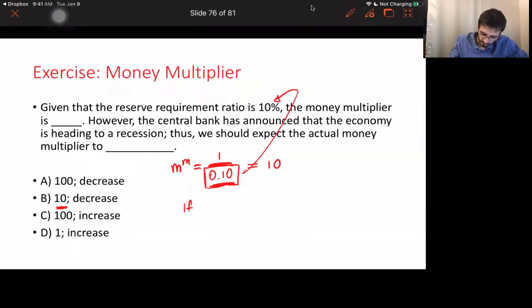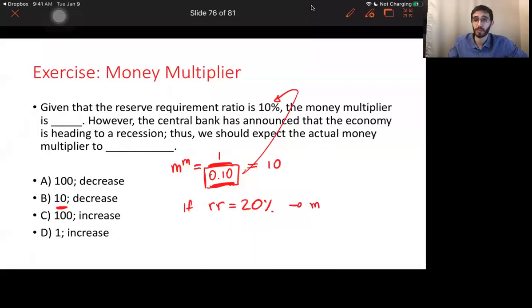If the reserve ratio is 10%, but banks hold 20%, then even though the expected money multiplier through the reserve required ratio says it's 10, which is an upper bound, the maximum that it would be, like I mentioned in the previous video, if banks held a higher amount of reserves, that would reduce the money multiplier, okay?